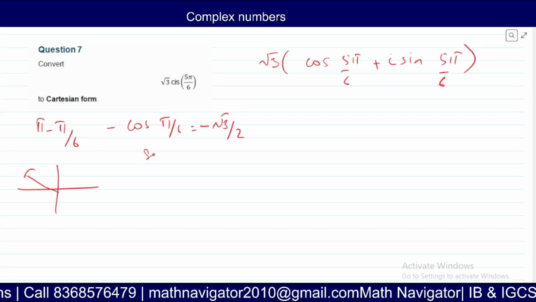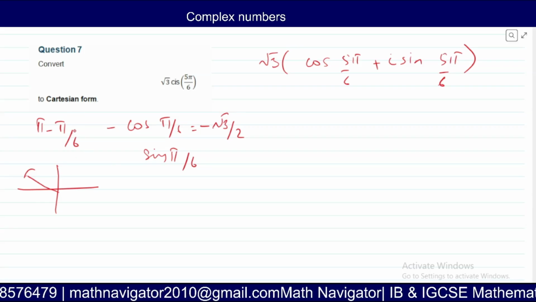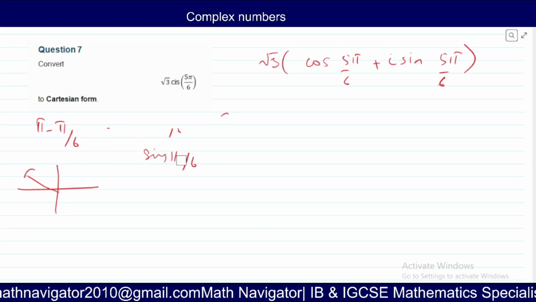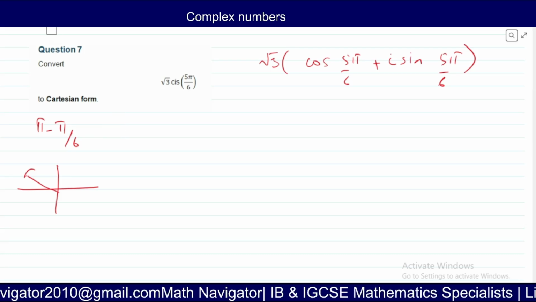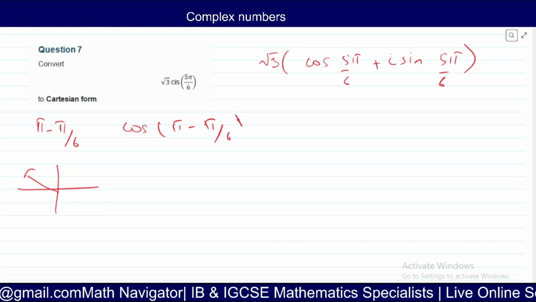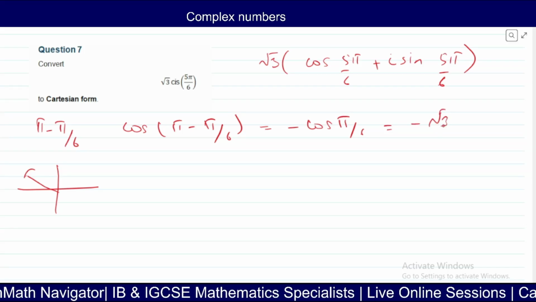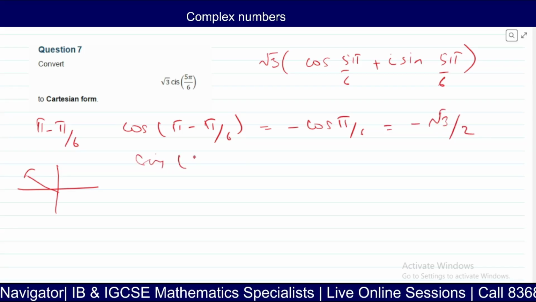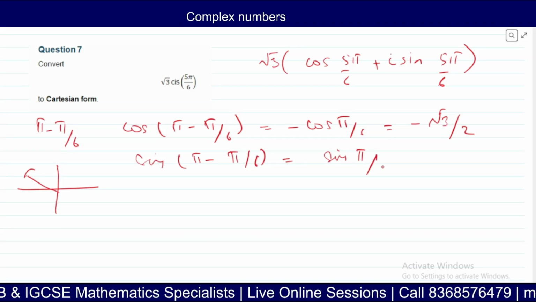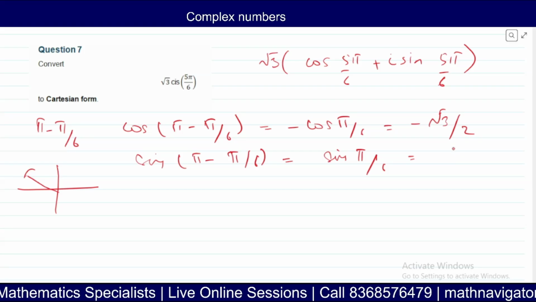Okay, I'll do it a little better so that you understand it better. Just give me a moment. I'll write it as cos of pi minus pi by 6 is equal to minus cos pi by 6, which is negative root 3 by 2, and sine of pi minus pi by 6 is equal to sine pi by 6, because in the second quadrant sine is positive and cos is negative, will be half, right?